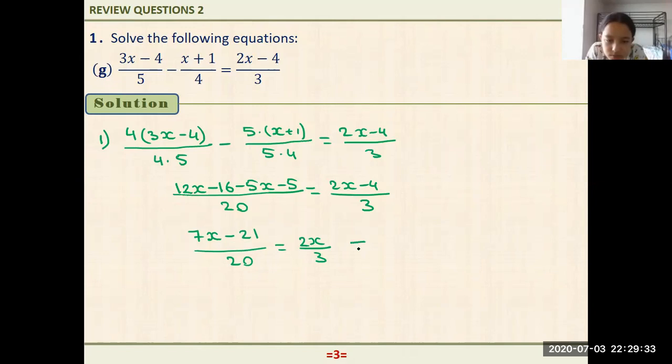So what is next? We should cross multiply. If you cross multiply, 3 goes here, 3 times 7x minus 21. And 20 goes here, 20 times 2x. Expand this. 3 times 7, 21x. 3 times 21.